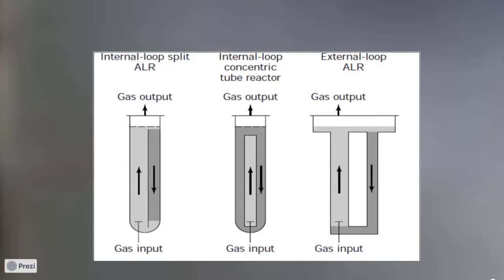In the second type, internal loop concentric tube reactor, there are two downcomer sections and one riser section, whereas in the external loop airlift reactor, there is no direct contact between riser and downcomer section, but because of variation in velocity of incoming air, it adopts a path to reach the downcomer section and comes down.